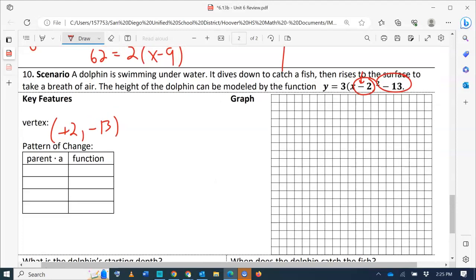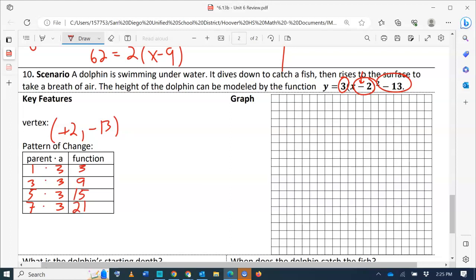So yeah, our pattern of change is 3, which means once we have our vertex, we're going to go left and right by 1. So our A is 3, and our odd numbers are 1, 3, 5, and 7. So we get 3, 9, 15, and 21.